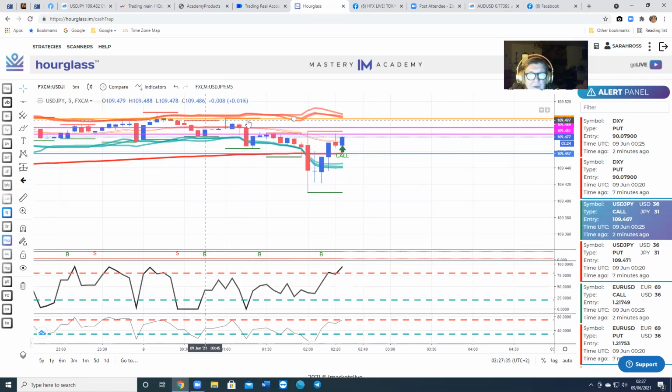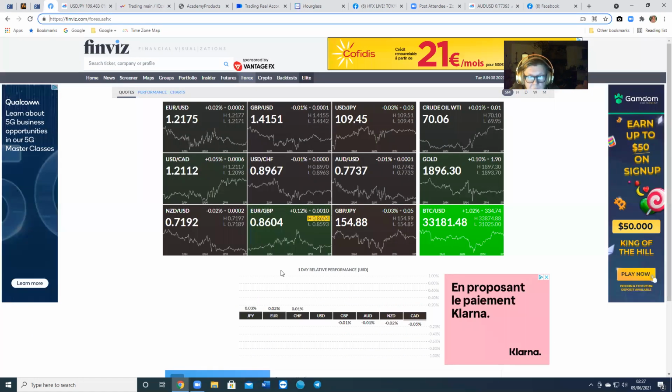So we know, you can see that's, so this is good, it's coming up, 27 minutes past, heavily overbought. We don't have currency strength in our favour. Check back on Finviz. Japanese yen still stronger than US dollar. That's okay, that's good.